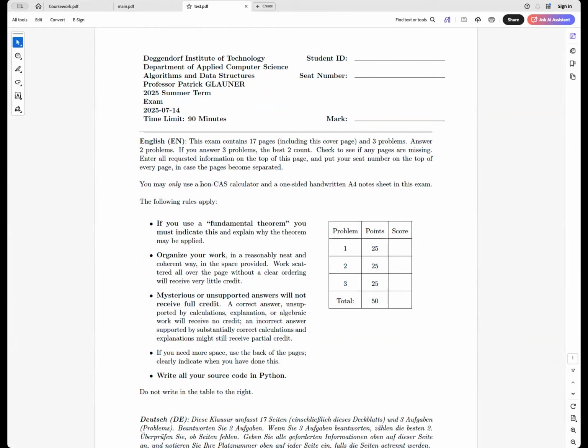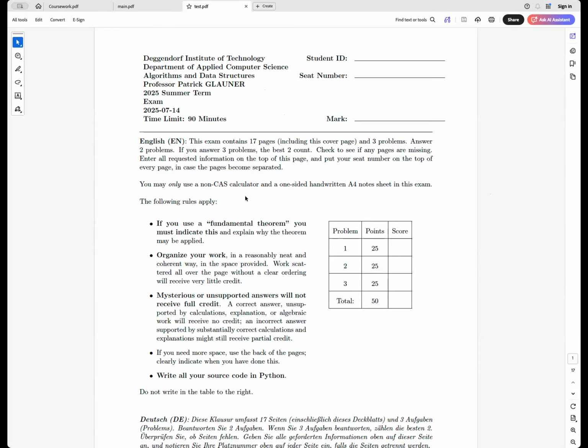We don't want that. So a non-computer algebra system calculator, plus you can bring a one-sided handwritten A4 note sheet. So it's up to you what you write on this A4 note sheet on one side by hand. Maybe we would put the master theorem and its rules on it, because you may not remember that, and you could write this plus a couple of other things on this note sheet.